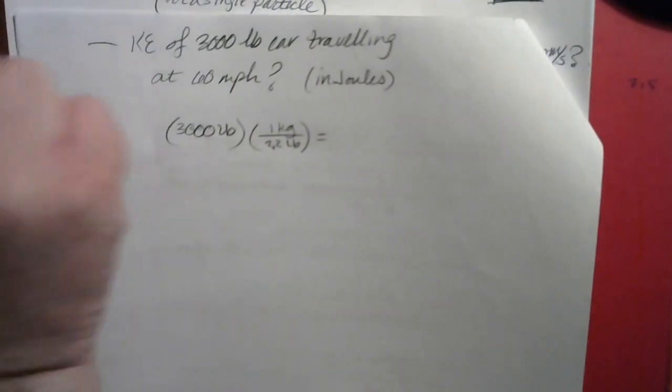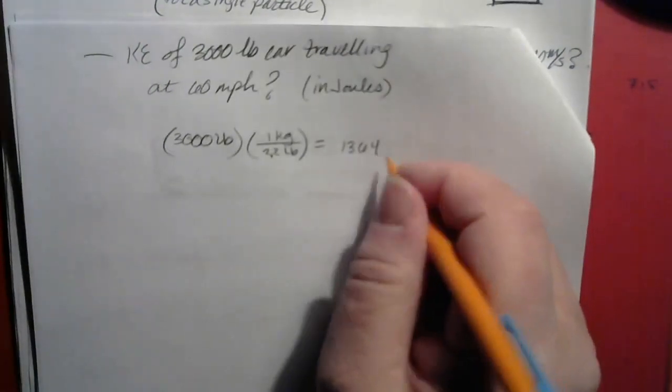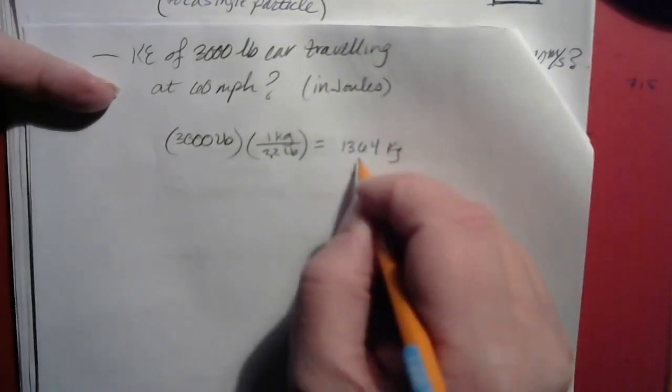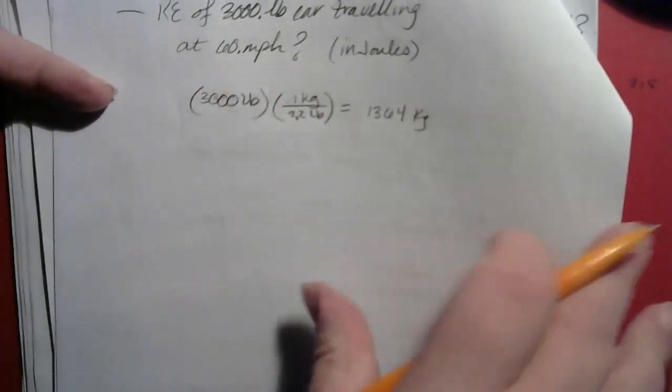And so 3,000 divided by 2.2 gives us 1363.636363, on to infinity, but I'm going to call it 1364 kilograms because 4 significant figures is more than enough. Putting a decimal point at the end of the 3,000 makes that 4 significant figures, but even putting a decimal point after the 60 only makes that 2. So 4 should be more than enough here.